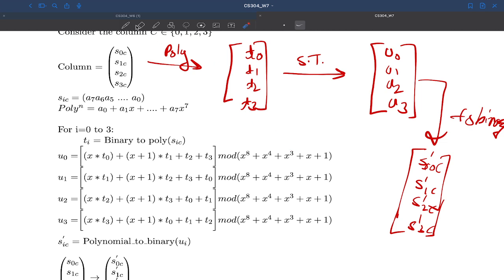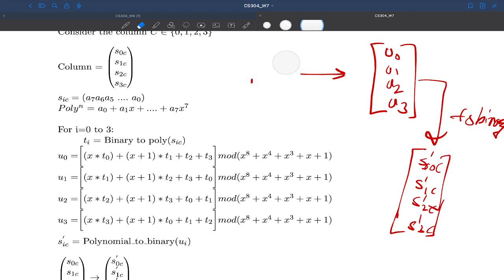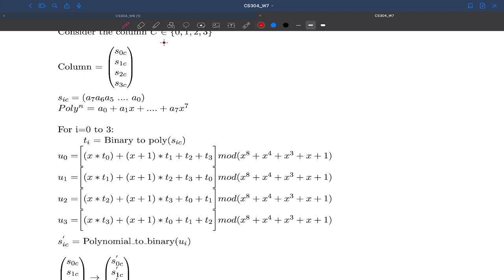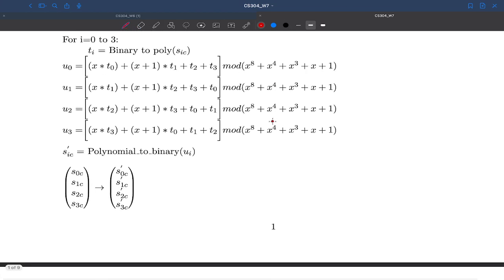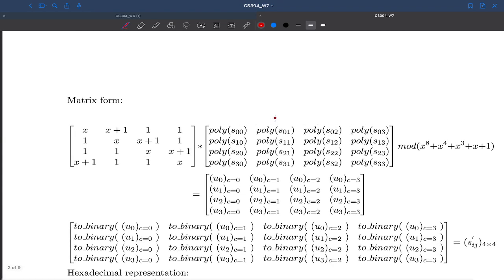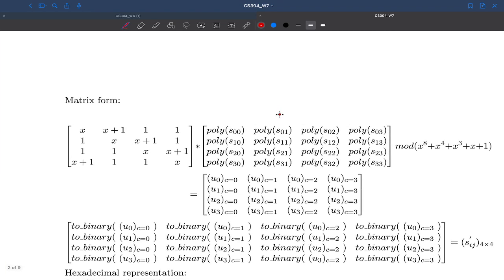So instead of doing each column one by one, we can define all these operations in a matrix form, a matrix representation. Now we will see how to solve this in one go by using matrix multiplication. Here I am showing you how to do this using matrix multiplication.